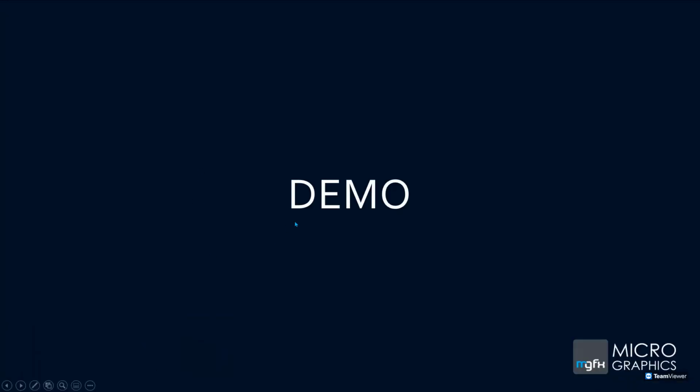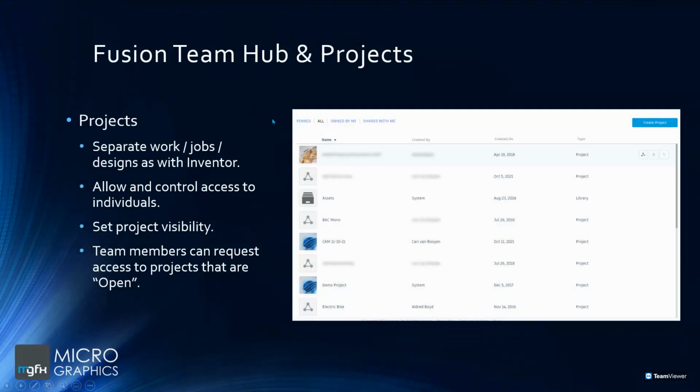I need to go back to our slides here, and we are going to look a little bit more in depth into Team Hub as far as users and projects go. So now that we have a better idea of what a Team Hub is, how do we manage the data within the team? And this is done with projects.